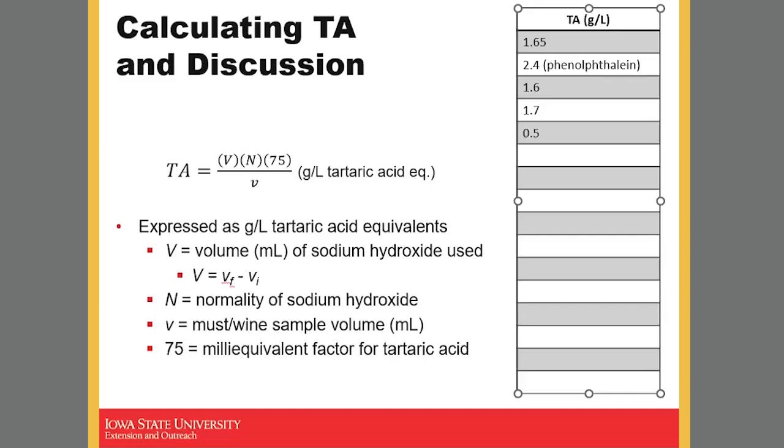That's why it's really important to do duplicate or triplicate analysis, to see the variation. But a big variation can come from a bubble in the tip of the burette, or a reading that wasn't done exactly the same way at the bottom of the meniscus.